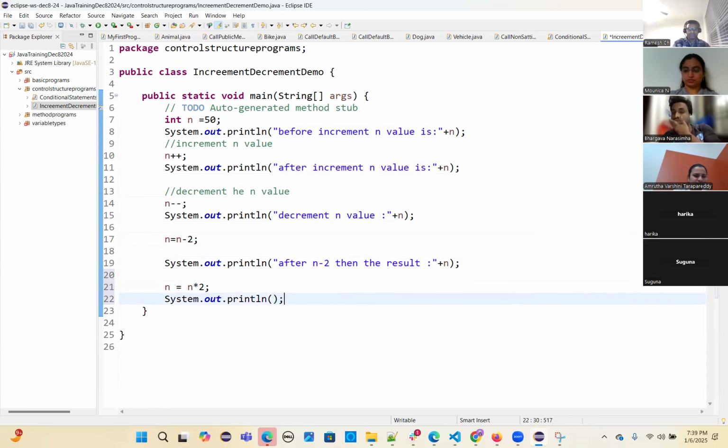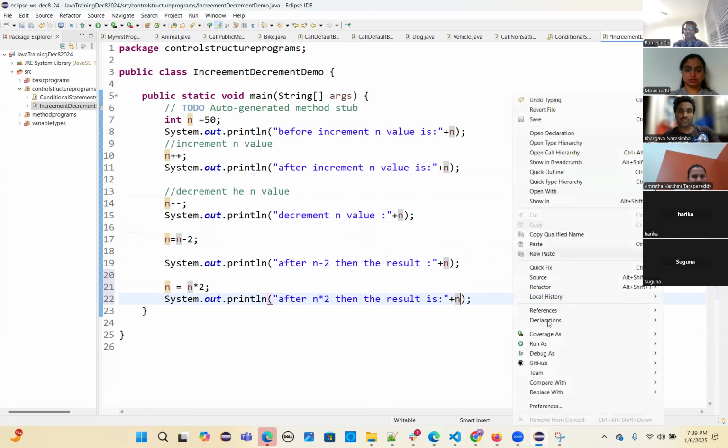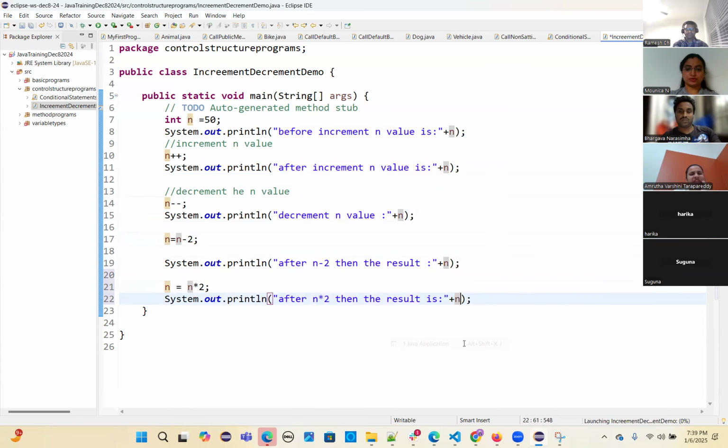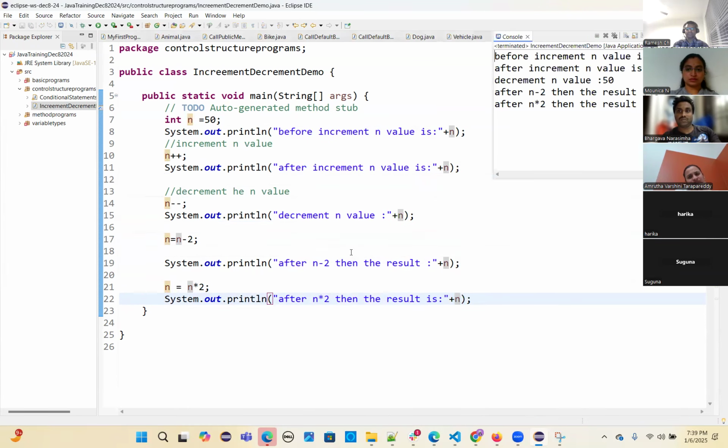Now what is the n value? 48 into 2 is 96.